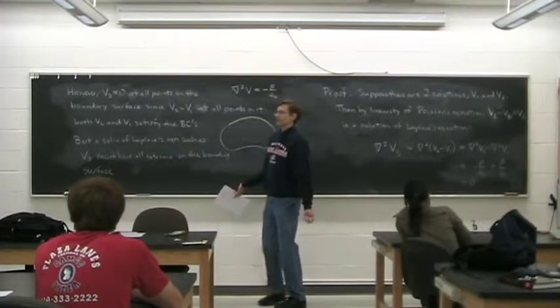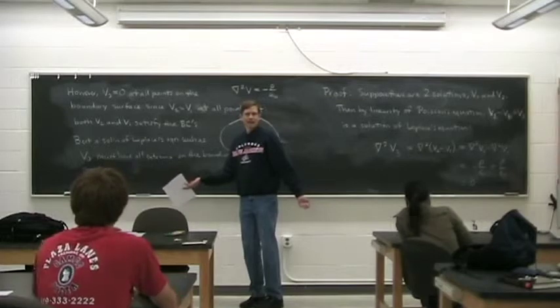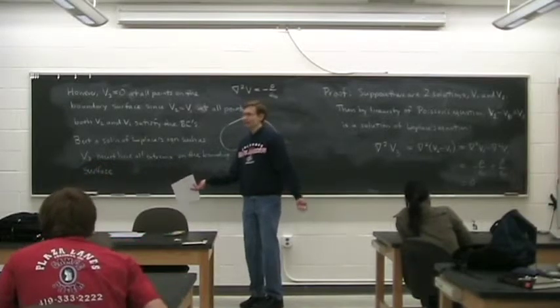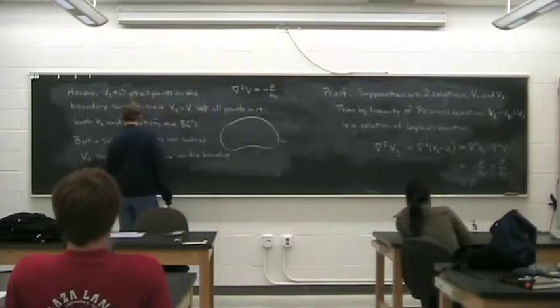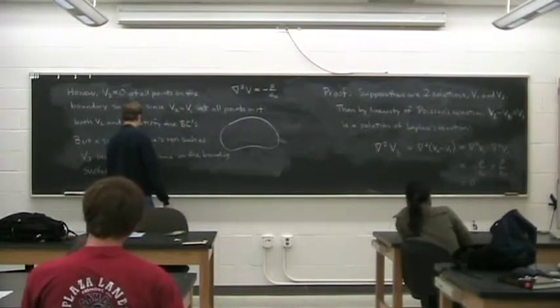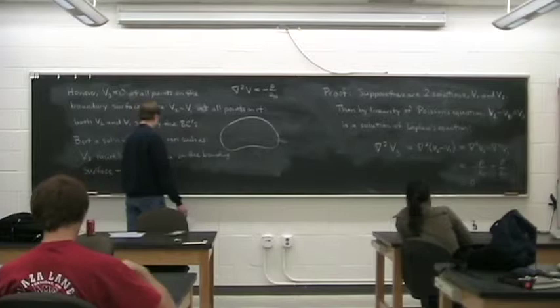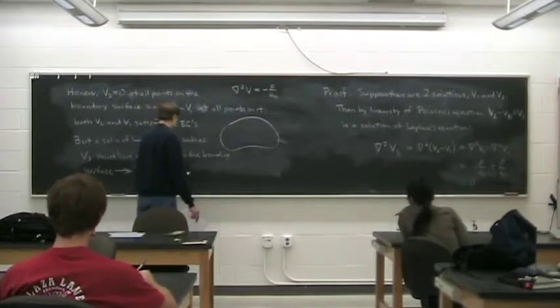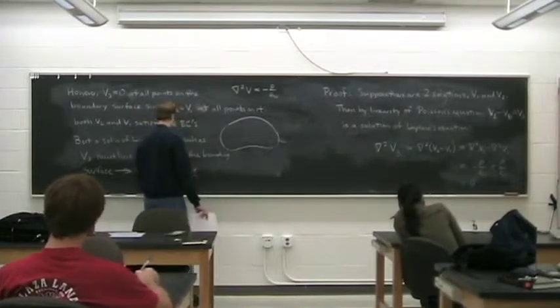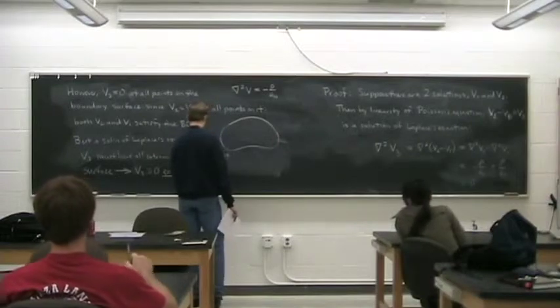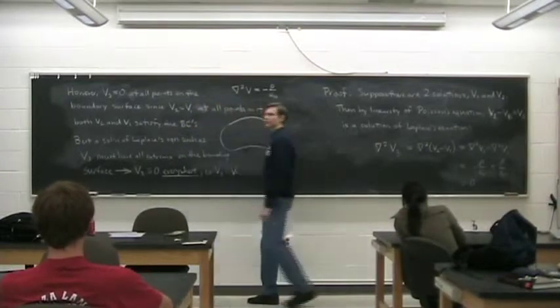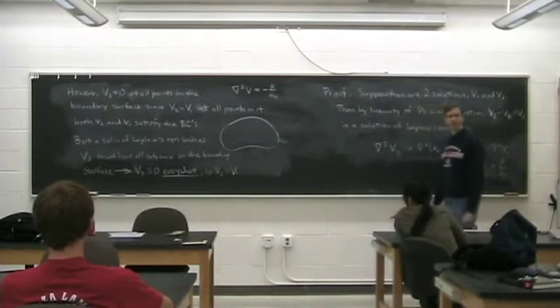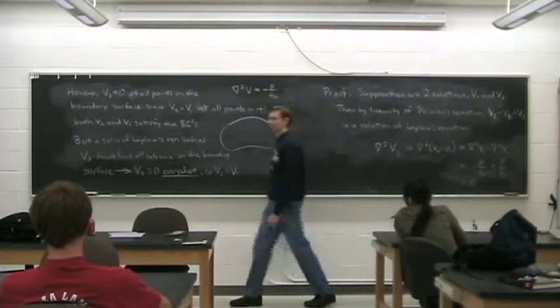If the bounding surface is everywhere at 0, and 0 is as big or as small as the function can get, then the function has to be 0 everywhere. So that means that our two solutions, V2 and V1, do in fact have to be equal to one another, since V3 was their difference.